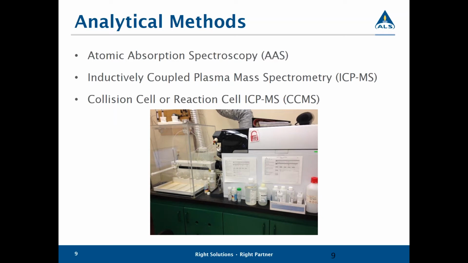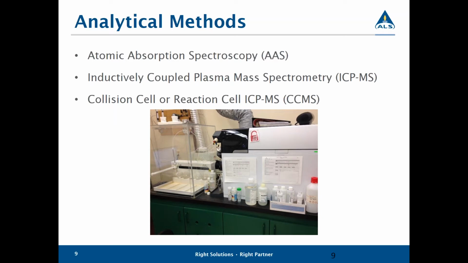So the first thing is looking at total versus arsenic species. Total arsenic is the traditional way. Arsenic in waters is traditionally digested with nitric acid and HCl, and then analyzed by an ICP-MS.